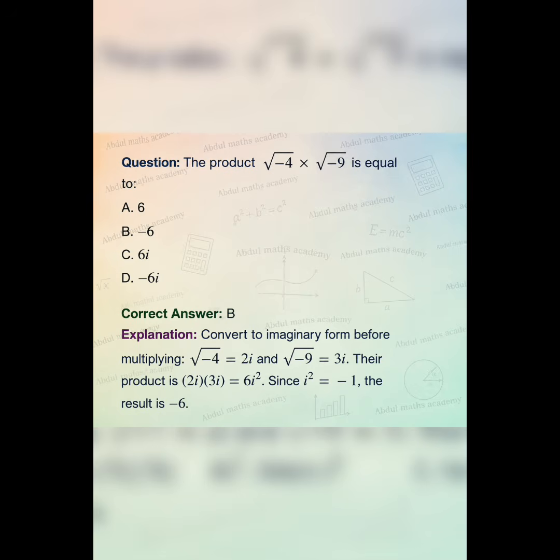Root of minus 1 is equal to iota, and root of 4 is equal to 2, and root of minus 9 is equal to 3 iota. So the product 2 iota into 3 iota is equal to 6 iota square, which is equal to 6 into minus 1, that is minus 6. So the product of root of minus 4 and root of minus 9 is equal to minus 6.